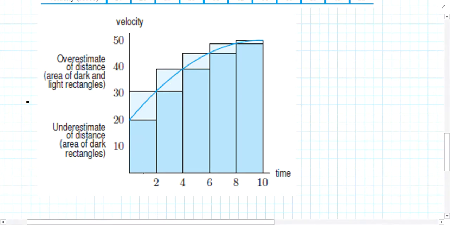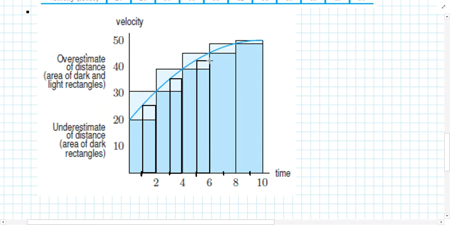If we're dealing with additional data points at time 1, 3, 5, 7, and 9, we can actually draw rectangles in between and get even better estimates still. So this rectangle starting at 1 will fit right about here. This rectangle starting at 3 fits in place here.